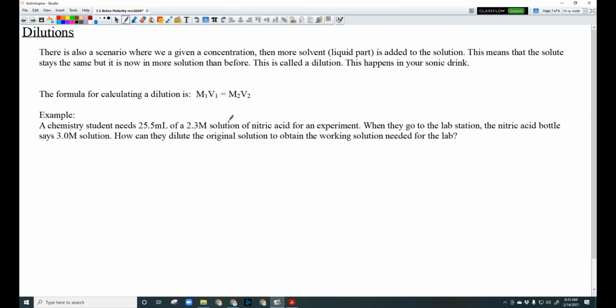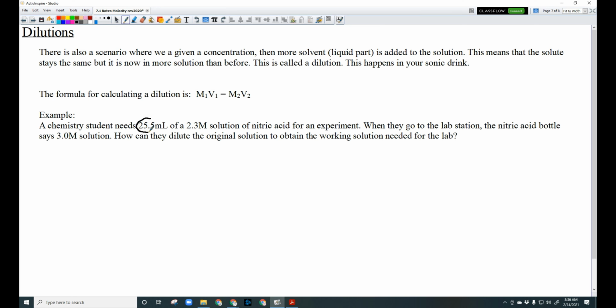So you're going to have to over-concentrate it, distill off too much water, and then add a very known amount of water back in. Those kinds of problems are harder to calculate, and it's actually harder to do. This is why in most of the problems that you see, you're going to have a lower concentration for M2.